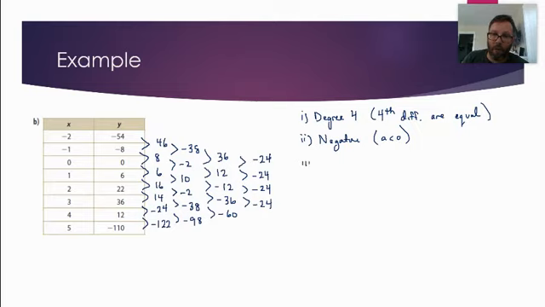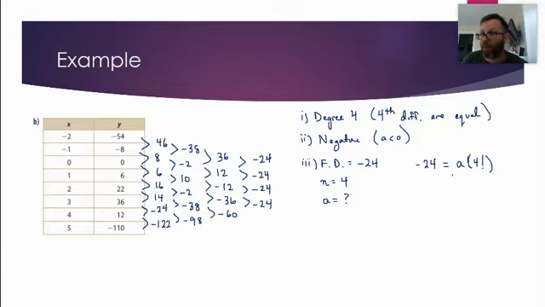Now, let's find out the leading coefficient. So our finite differences are equal to negative 24. The degree is 4. And we're looking for what the leading coefficient is. So let's use our formula. The finite differences are equal to the leading coefficient times the value of n factorial.